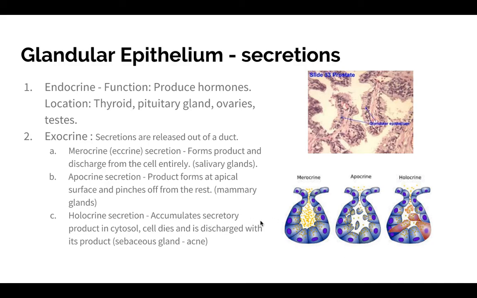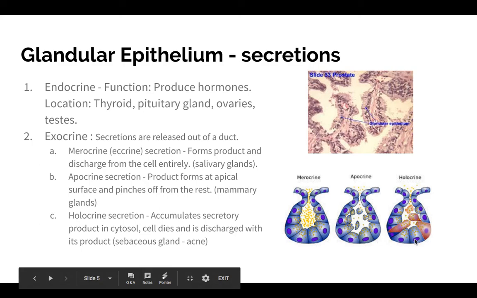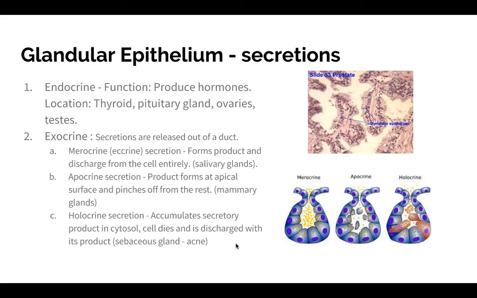This would be a secretion in which the secretory product accumulates in the cytosol of the cell, and once it's full, the cell dies and the whole cell is discharged with the product. An example of this would be the sebaceous glands or the oil glands, and that is what's responsible for acne, especially those pesky blackheads that you might get on your face.